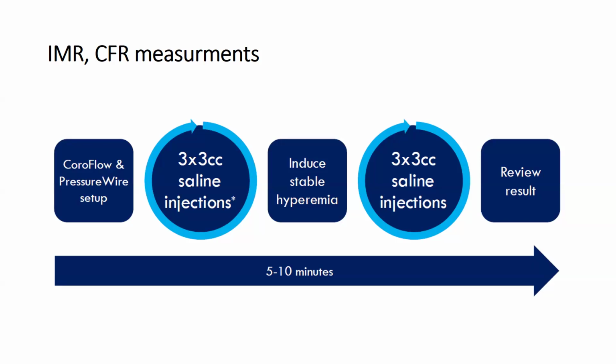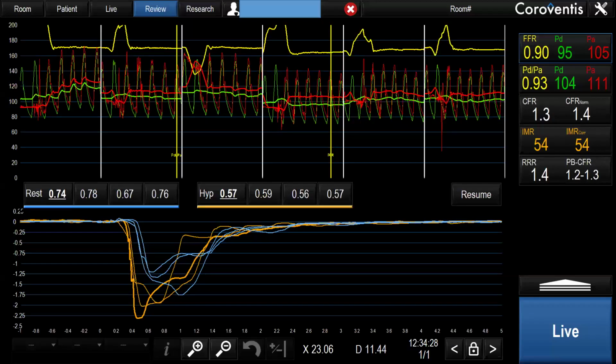After that, we give about 3 milliliters of saline at room temperature, very quickly, into the coronary artery. I will show you on this picture the final graph with the results. First of all, we do the measurements at rest.